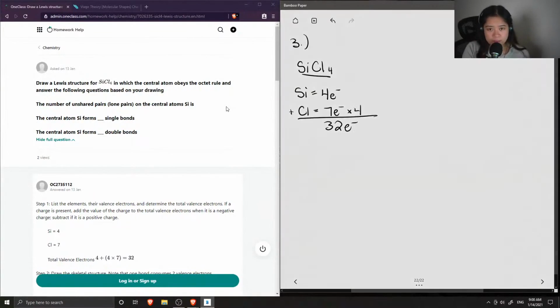Okay, so now I'm just going to draw my silicon as my central atom. And then I'm going to draw 4 single bonds to chlorine, and I'm going to add all of the lone pairs on chlorine as well.